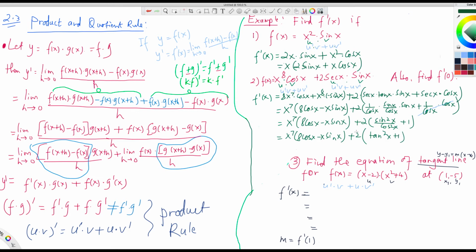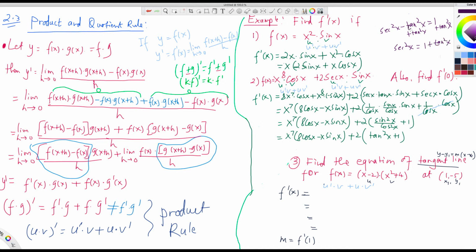But do you know the relation between secant and tangent? Let me write that down if you don't know. We know that secant square x minus tangent square x is 1, okay? So if you add tangent square x on both sides, you will get secant square x equals 1 plus tangent square x, okay?